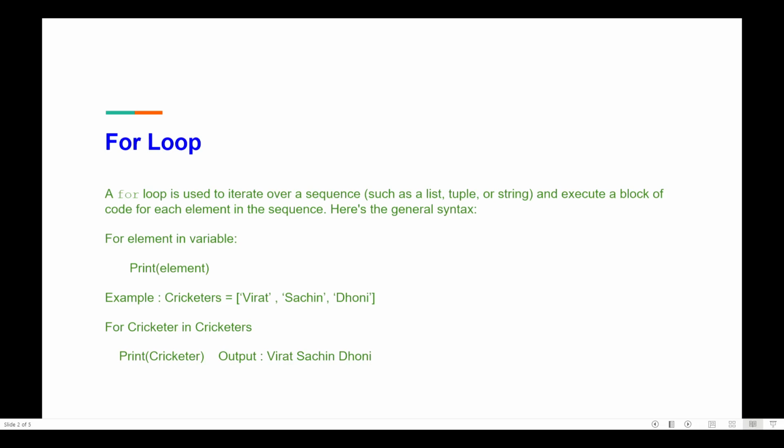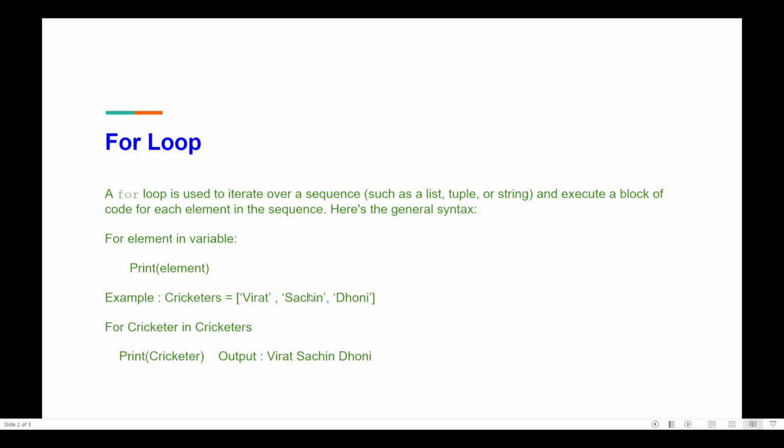So here is a general statement which I have written here. We will write it in this way: for, then the name of the element in the sequence, the variable that we are assigning. It will take each and every value which is there inside the sequence. Then we will write print element. Here is a quick example. cricketers is the variable, and inside that there are elements.